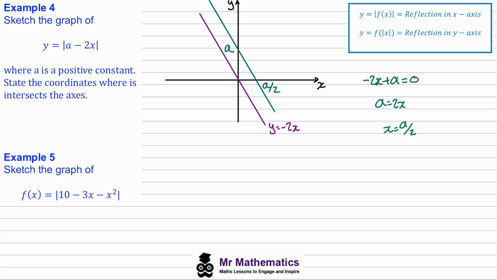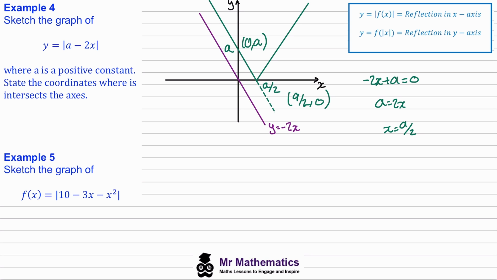A over 2. And then we need to take the modulus of this function. So this means where the line goes under the x-axis, the negative values are reflected through the x-axis to become positive. So this will be a sketch of y, okay? And we can see the coordinates on the axis will be at 0, a and a over 2, 0. Okay? How did you get on with that?